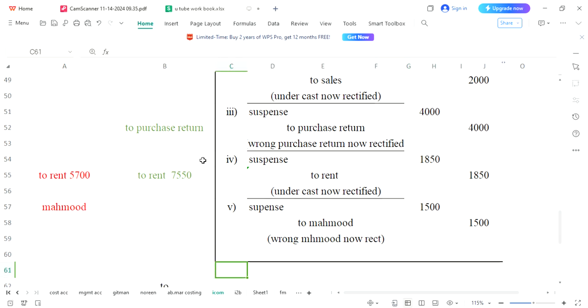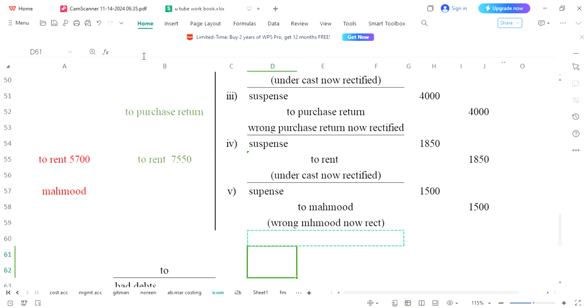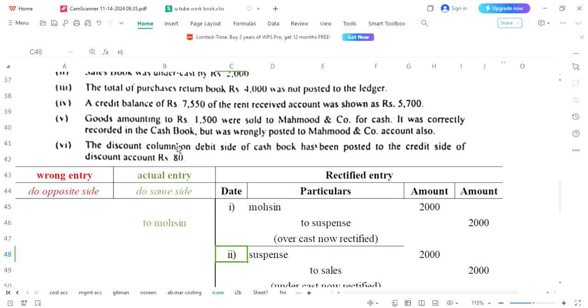This way 5 entries are completed. So now we have the sixth entry as well. Let's make a little space, and here we are going to make the space. So let's start. We are going to see our sixth entry. Discount column on debit side.